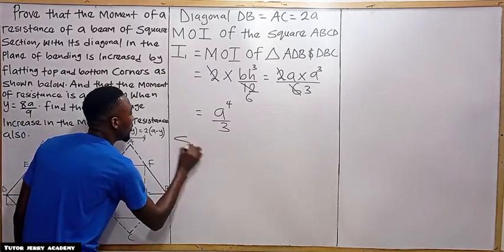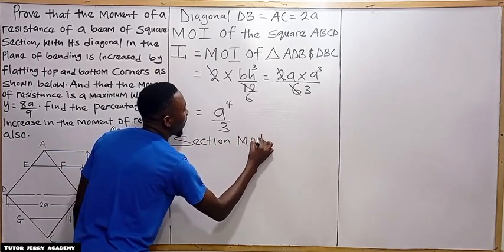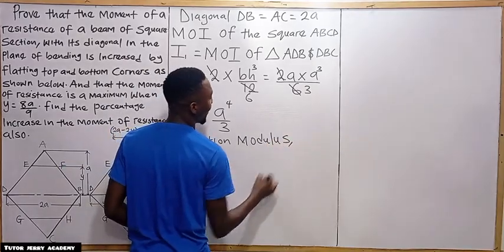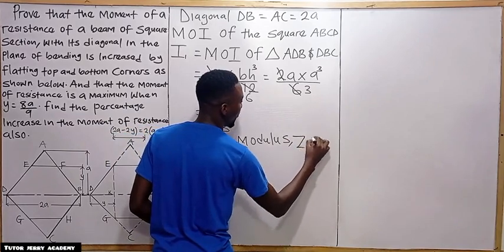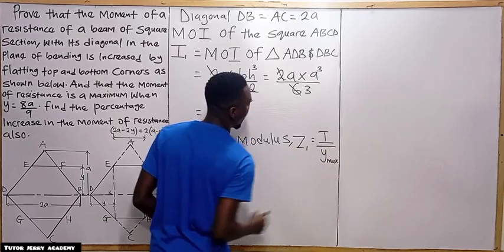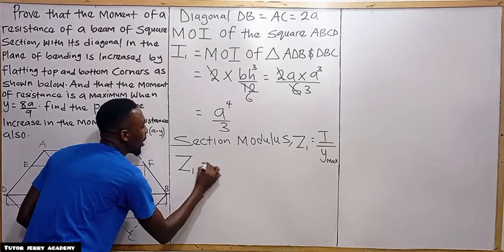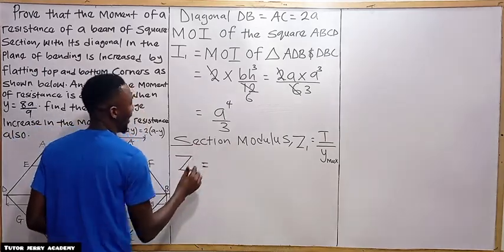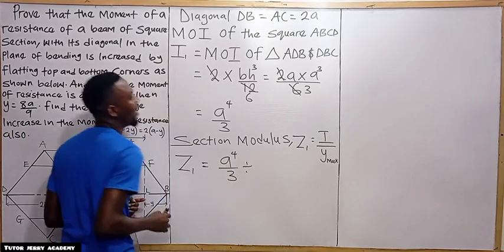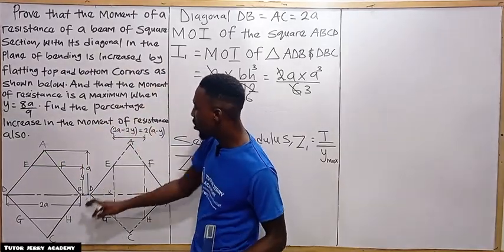We denote it with Z1, which is I all over y max. So Z1 is equal to I, which we already know is A to the power of 4 all over 3, divided by y max.